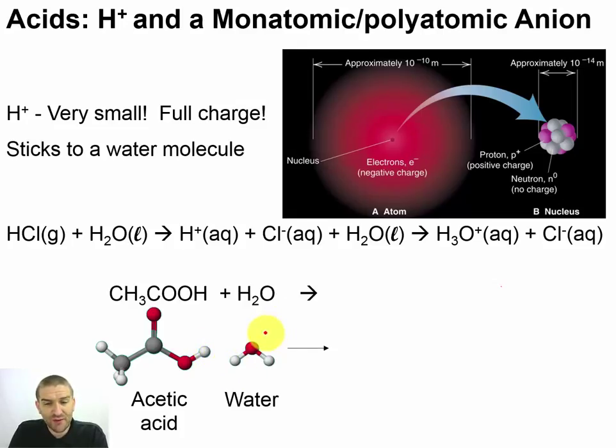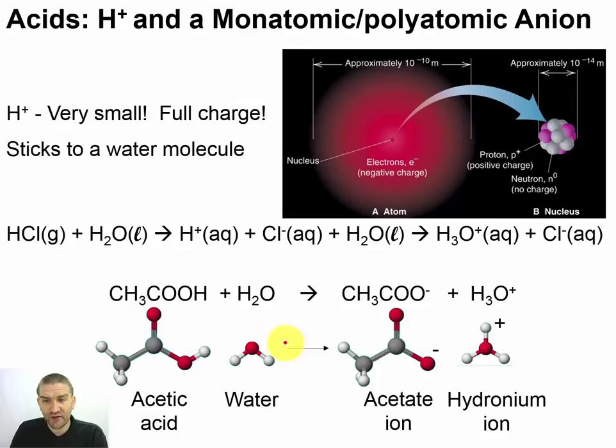Now if we have water around, that means it's going to be able to stick to that water molecule to make the hydronium ion and leaving behind your acetate ion. Sometimes we just show it as acetic acid yields acetate ion and H plus. Other times we want to communicate that it's sticking to a water molecule and that it's definitely happening aqueously. You can write it either way, and it's going to be a correct way to write it in almost all circumstances unless we've actually asked for something different.